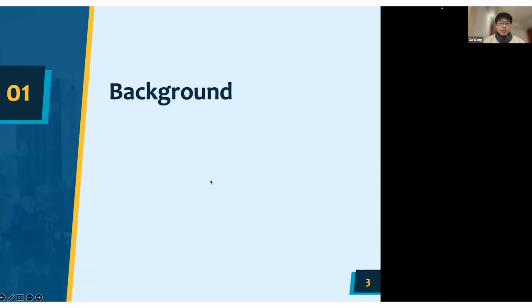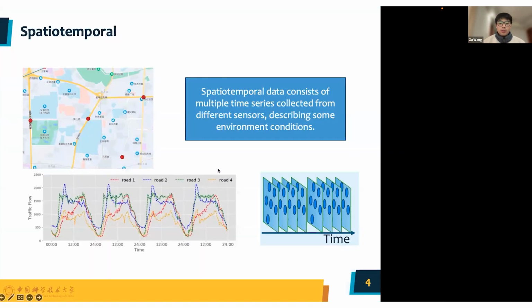Let's start with some background. In this work, we are interested in the kind of spatiotemporal data which consists of multiple time series collected from different sensors located at different locations.